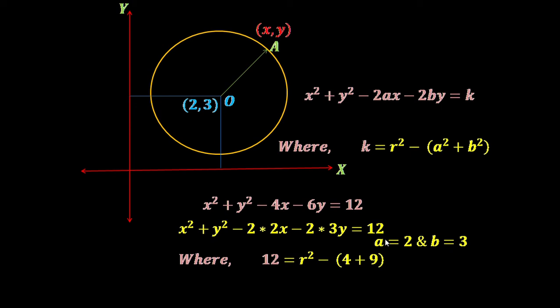So a square is 4 and b square is 9. Thus we are getting r square equals 25 after solving this. Thus r equals 5. Then we can say the radius of the circle is 5 unit. So if we get an equation in this form, then from here we can determine the center of the circle as well as the radius of the circle.